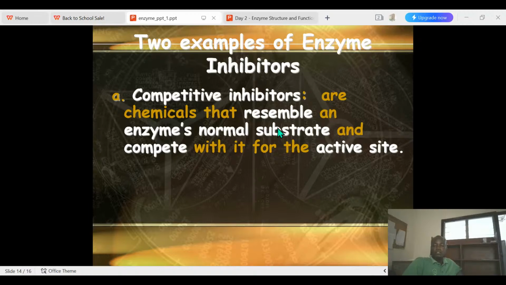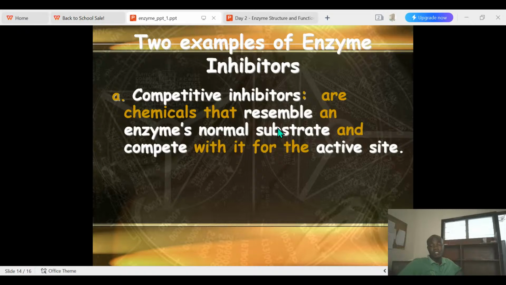Like for example, some enzymes that are important for the pathogenesis of a particular disease. So if you block the activity of that enzyme, it means that you are blocking the disease. Let me give this example. Remember we have what we call angiotensin converting enzyme.